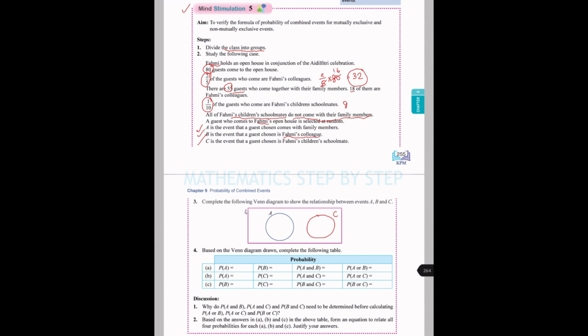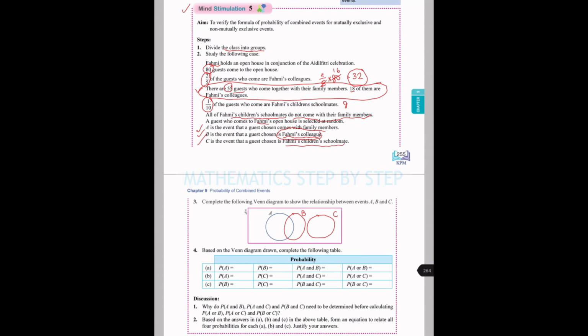So from this sentence, we know that event A and event B are non-mutually exclusive. Okay, so I would assume event B is like this. Event B and event C are mutually exclusive because the guest chosen, if let's say is Fahmi's colleague, then the guest is not possible to be Fahmi's children's schoolmate.